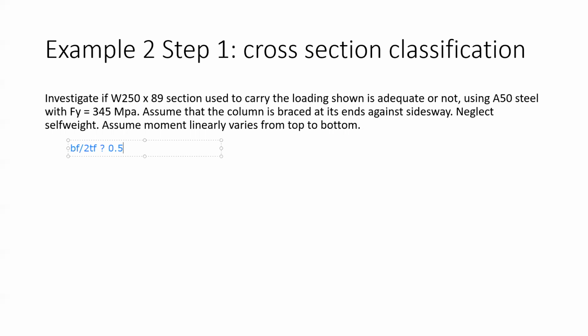So, 0.56 times the square root of E over Fy. Pag ito, if this is greater than, that means non-slender siya. If it is less than, this is a slender member. Okay?